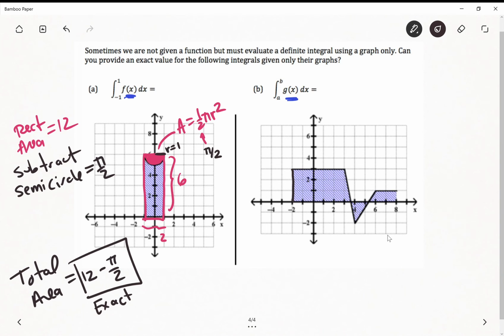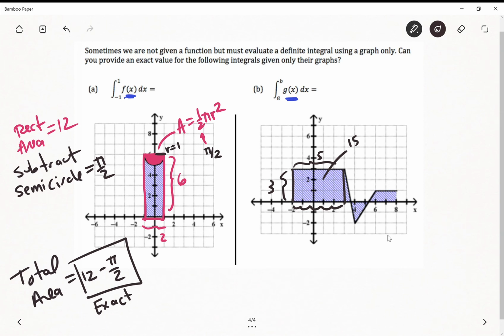And now if we look at the second example, we're going to cut this up into shapes that we can find the area of. This first one is a rectangle with height of 3, and we see we have 1, 2, 3, 4, 5, a length of 5. So this rectangle has an area of 15.